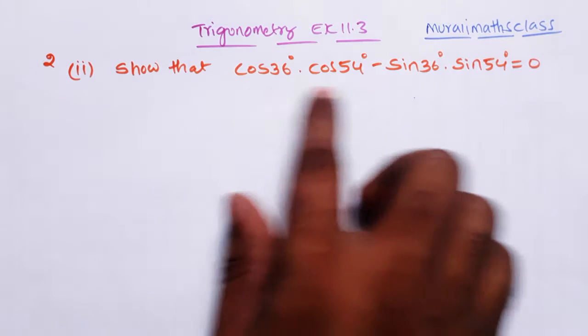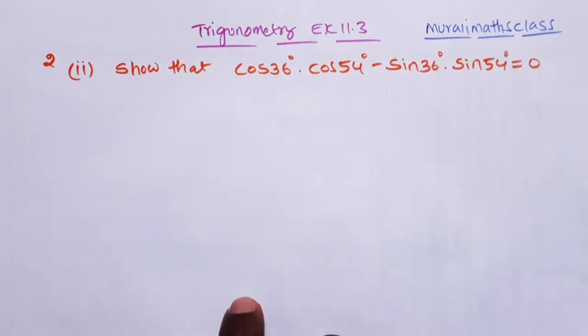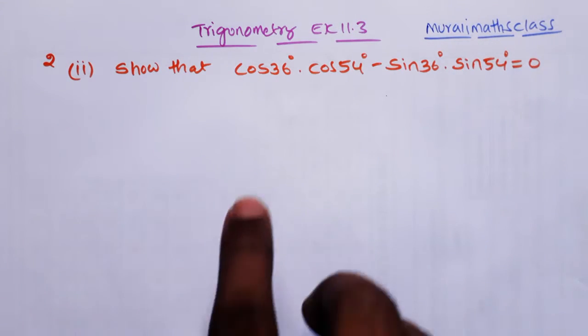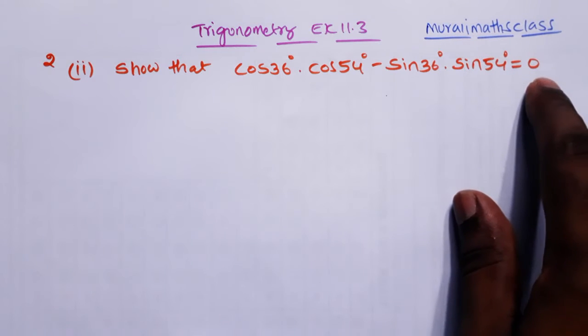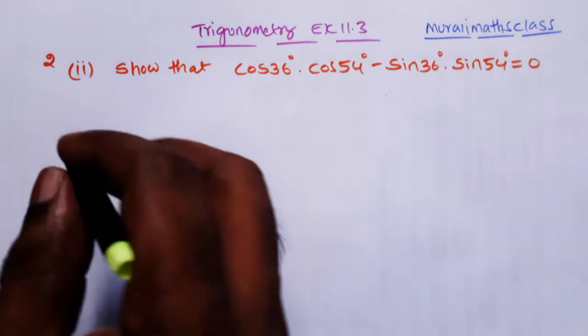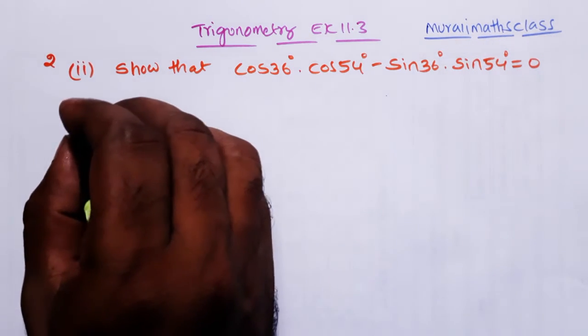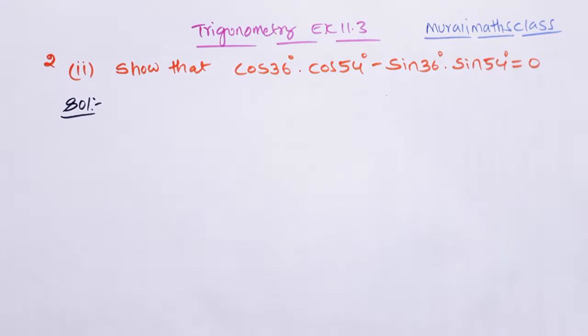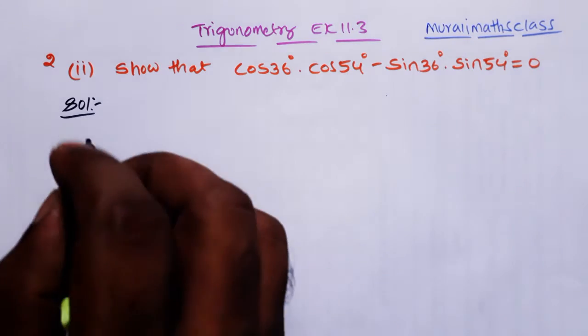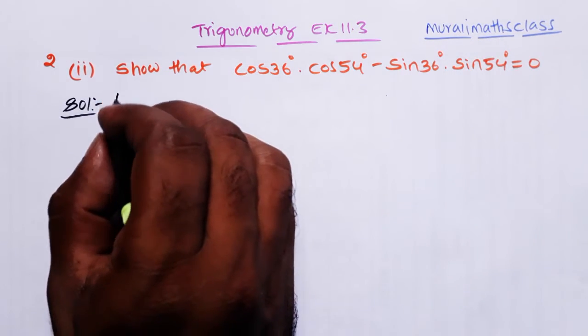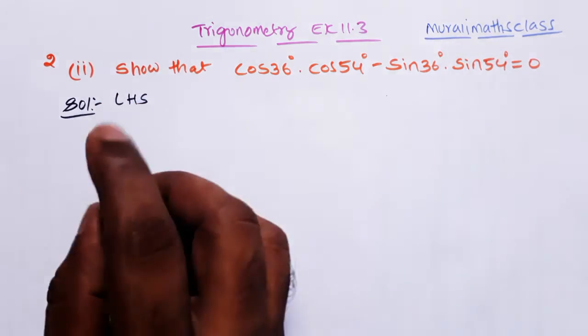Taking LHS, simplifying that, we have to get 0 as the answer. Solution. First we will take what they gave, the LHS.